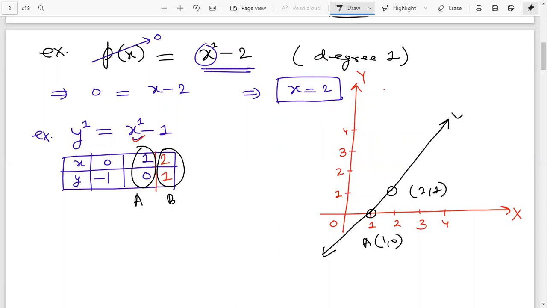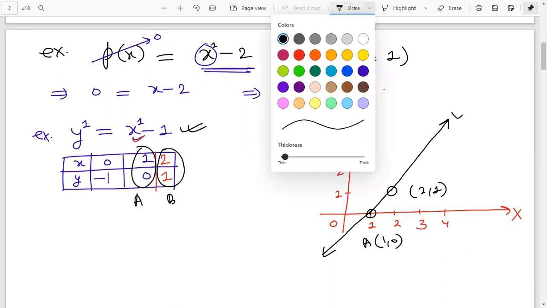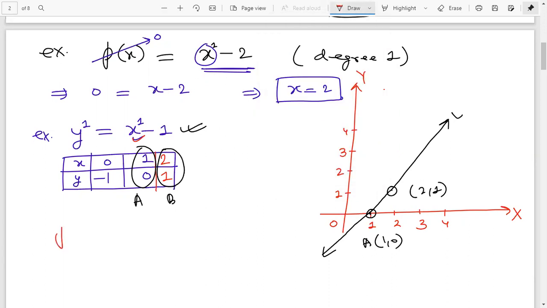Now, an important point: from the graph only we can know the zero's value. For this graph we are plotting, if you want to find the zero by solving the equation, let me solve. For p, y is p(x), same thing, equal to x minus 1.